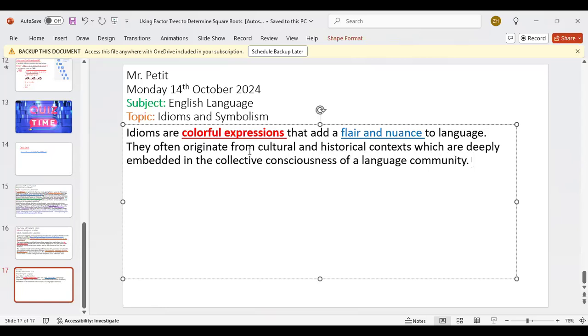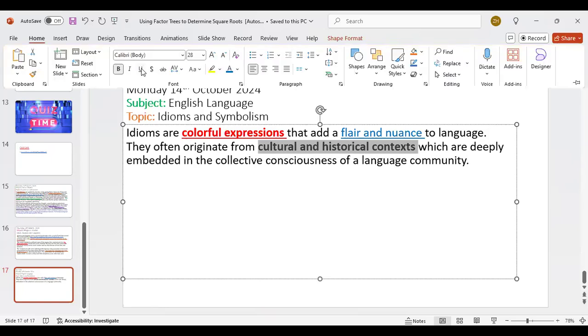So they are cultural. They come from the culture. They come from a historical background.